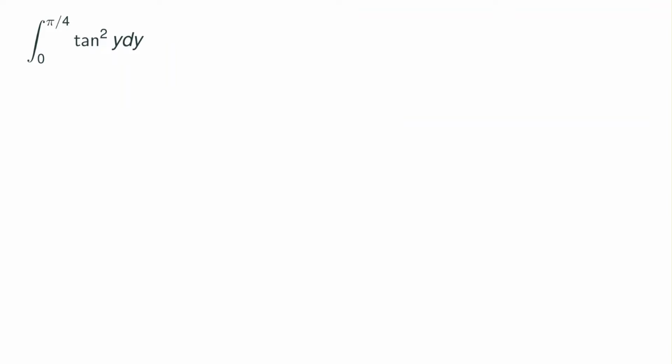For this one, we need to take the antiderivative of tangent square y. But we don't know directly of a function that if we take the derivative, we get tangent square y. But here we can use something else. From the Pythagorean trig identity, we know that tangent square theta equals secant square theta minus 1.